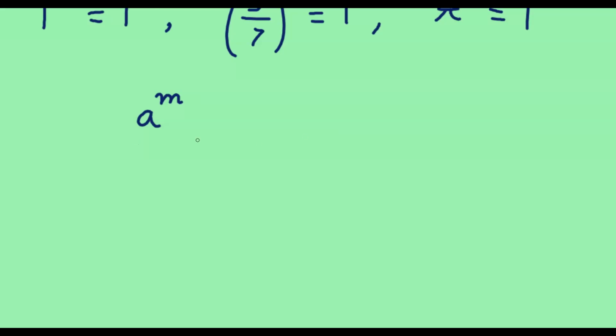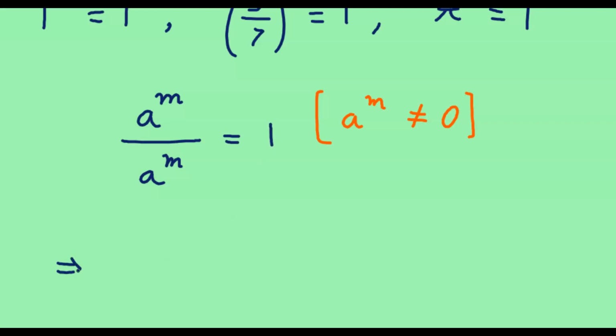Since a is not equal to 0, a to the power of m will also be not equal to 0. And because of that, we can divide a to the power of m by a to the power of m.